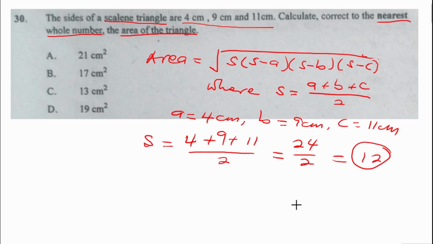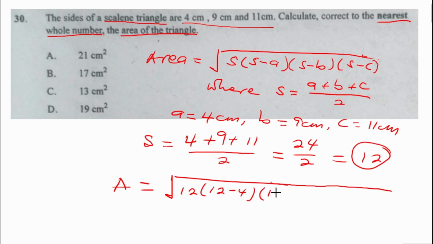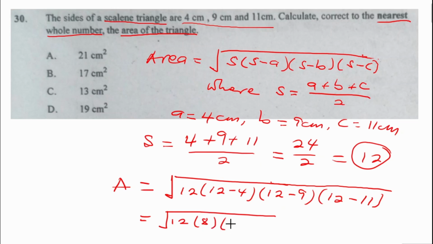So this is s. And now the area of the triangle is going to be square root of 12 multiplying 12 minus 4, also multiplying 12 minus 9, then multiplying 12 minus 11. And simplifying that further, we're going to have 12 multiplying 12 minus 4 is 8, multiplying 12 minus 9 is 3, and then 12 minus 11 is 1.